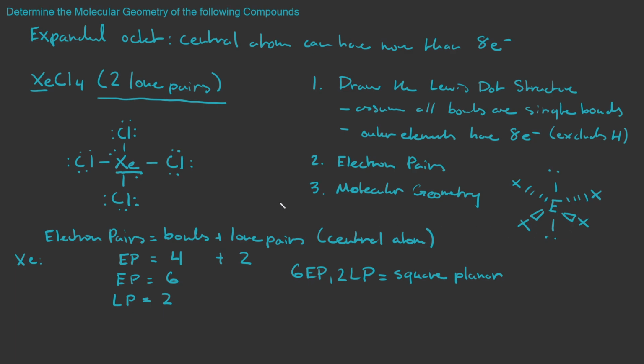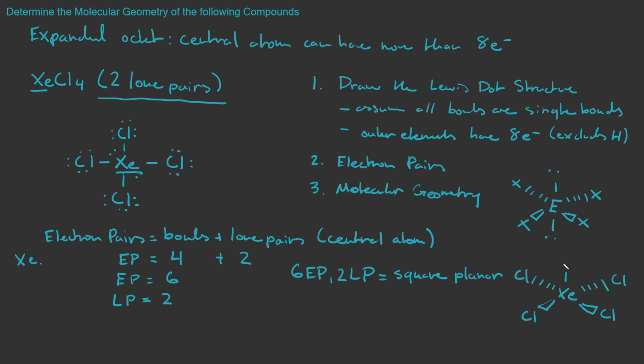All we do is redraw our drawing that we have here to match this drawing right here. So we have Xe in the middle. We then have a dash in the back for one Cl, a dash for another Cl, then a wedge for a Cl, and another wedge for a Cl.